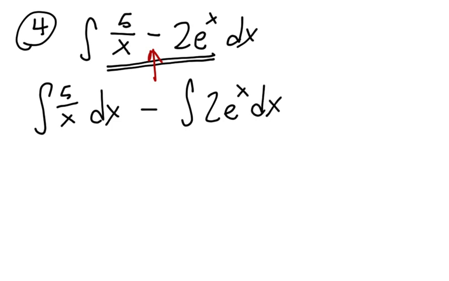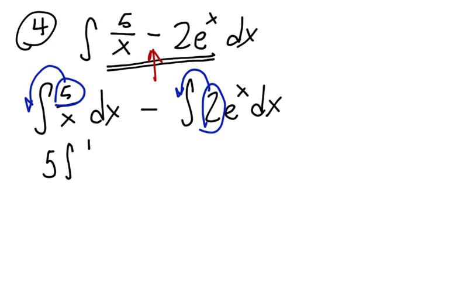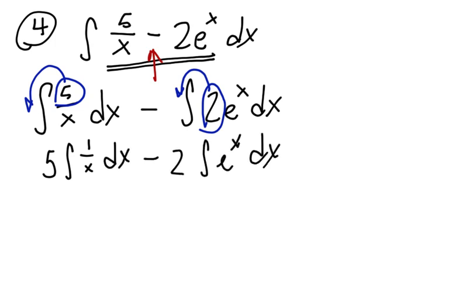It's also acceptable to take a constant multiplier like the 5 here and the 2 here and pull those out and put them in front of the integral symbol. So this could be written as 5 times the integral of 1 over x dx minus 2 times the integral of e to the x dx.